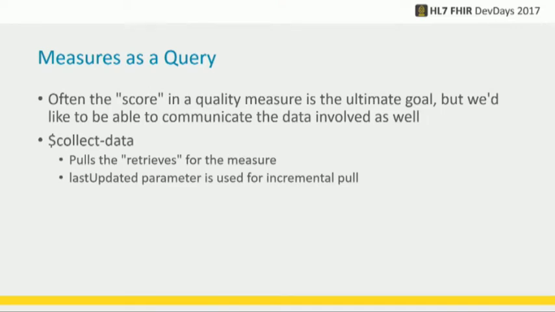For something like PHQ-9, where you have a questionnaire, if the patient has a history of filled out questionnaires for that, you could pull that, yeah. But this isn't going to invoke any questionnaires, but if there are questionnaires on file, it can return them. And then last updated is for incremental pull. So I can say, since the last time I asked for this, give me any data that's changed in this result.